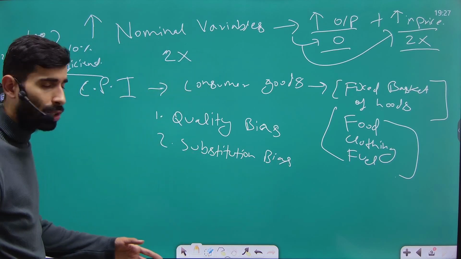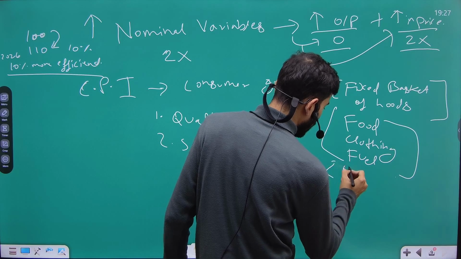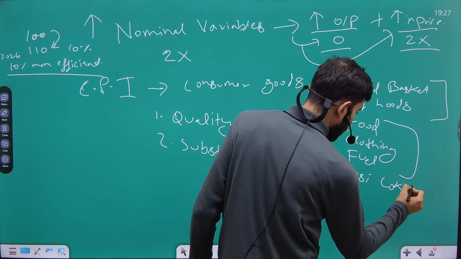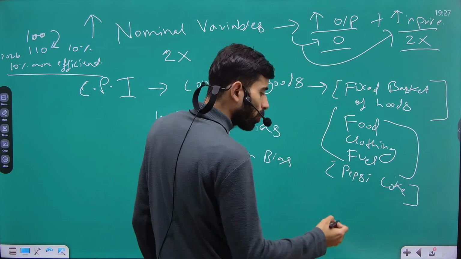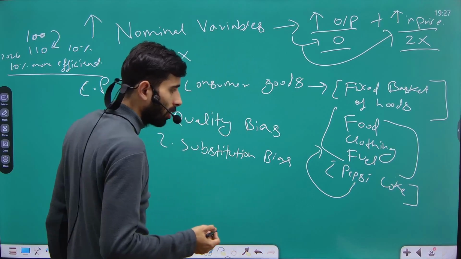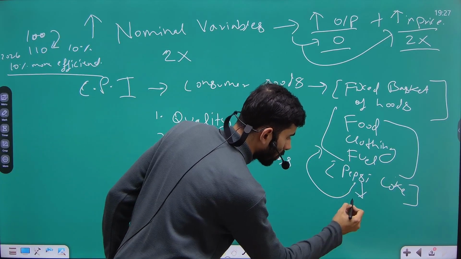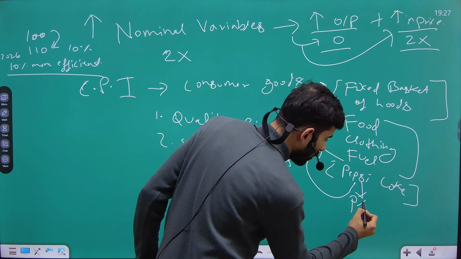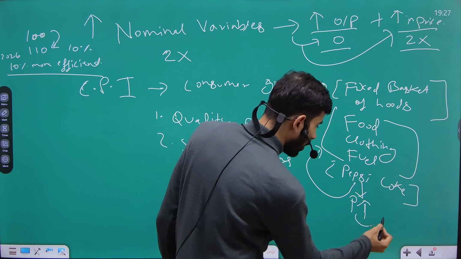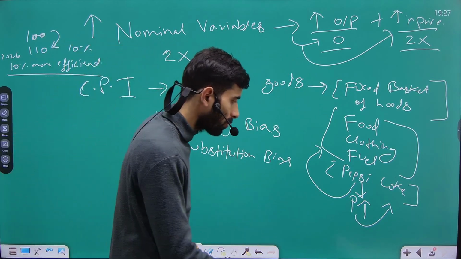In the same way, there is another bias which is known as substitution bias. Sometimes we have very close substitutes of a particular good. For example, Pepsi and Coke. Suppose the government includes Pepsi in the CPI bundle while calculating CPI. But eventually the price of Pepsi rises. Then usually we substitute a cheaper good, and consumers will shift to Coke because both goods are very close substitutes.